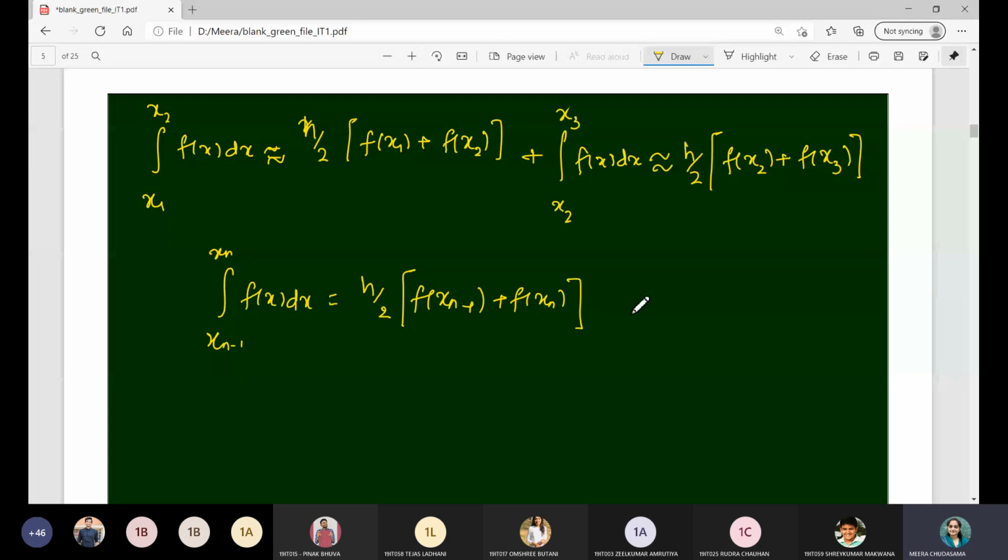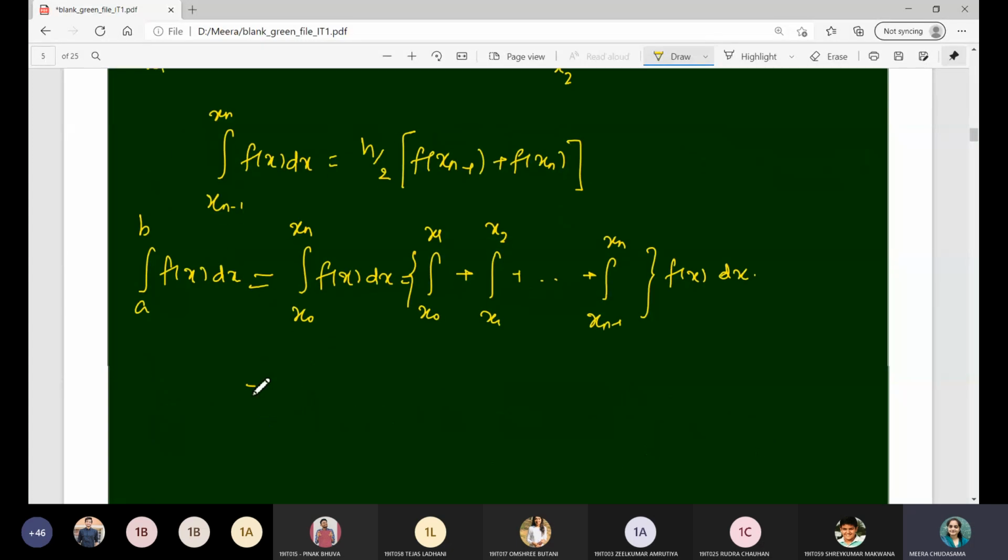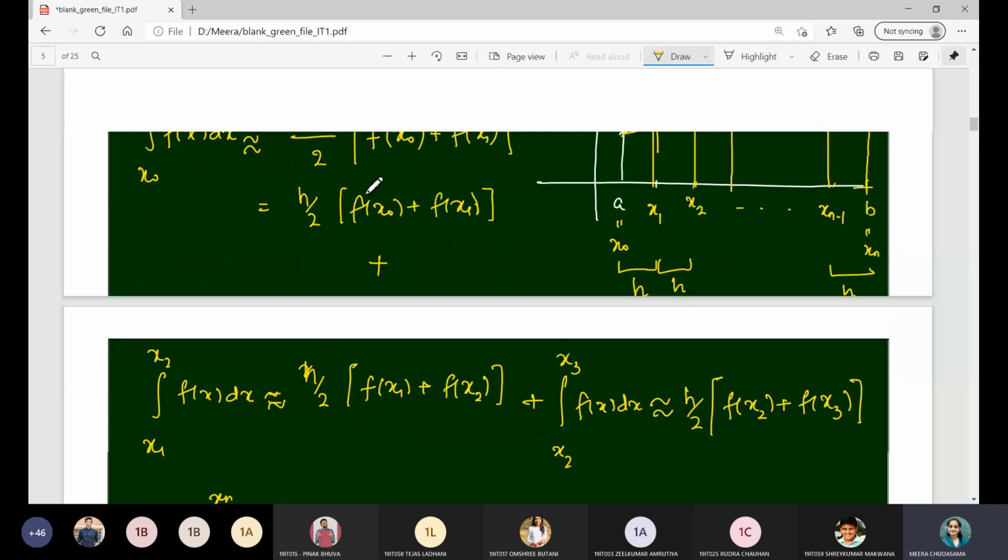So in that case, the integral a to b of f of x dx is the same as x0 to xn, that is our endpoints, and that is the same as x0 to x1 plus x1 to x2 plus up to plus xn minus 1 to xn, f of x dx, right? Now let us substitute all these values we have obtained.